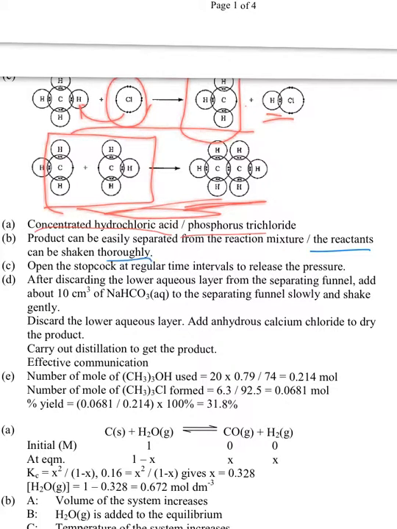They can be shaken thoroughly. If you use simply beaker, or conical flask, of course you can mix them well by using glass rod, but you can't separate into two layers. But for separating funnel, you can mix them well and then stay for a while, and it can be separated into two layers again. So that's why we use a separating funnel.